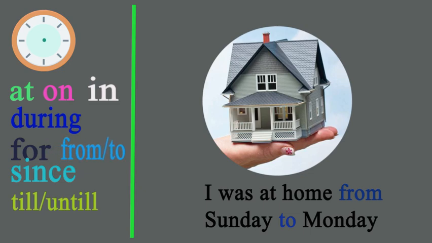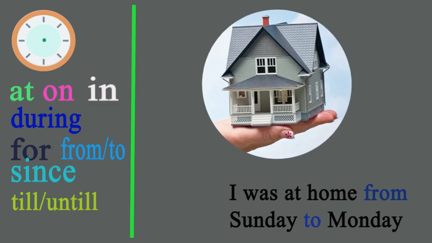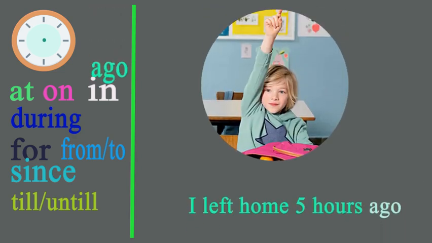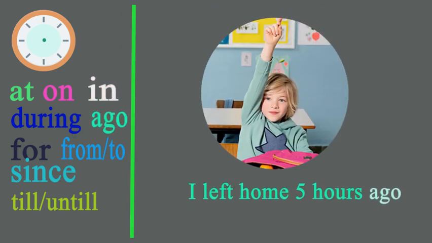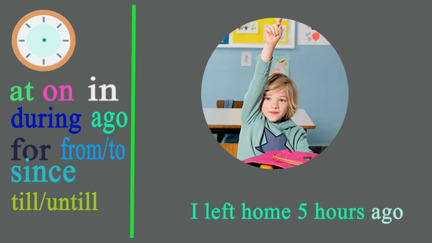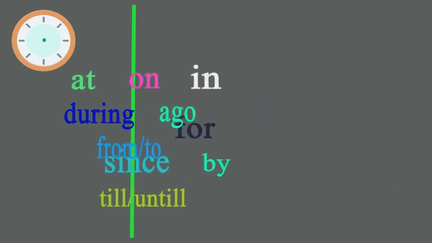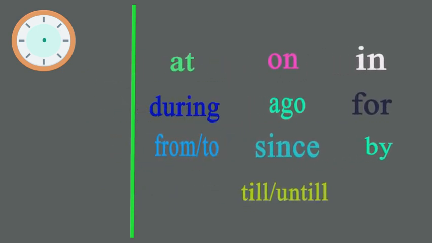So these are also prepositions of time. I left home 5 hours ago. So this ago implies time. I will reach home by 5 p.m. So by also implies time. So all these prepositions are prepositions of time.